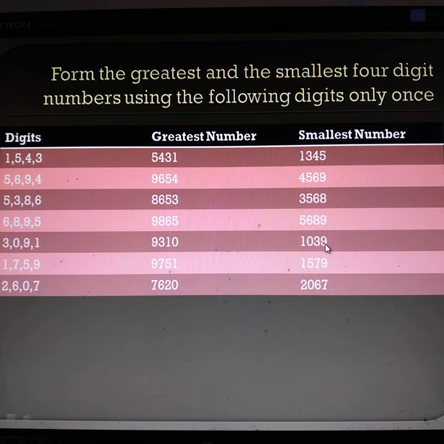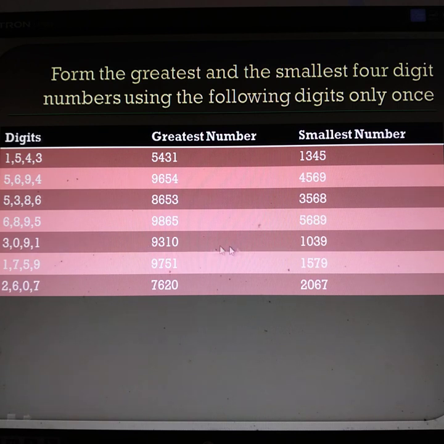Now to form the smallest number, we have to arrange the digits in ascending order. So ascending order is 0, 1, 3 and 9. Now no number starts with 0. So we have to write the second smallest digit first, that is 1, and after that 0 should be written, then the rest in ascending order.